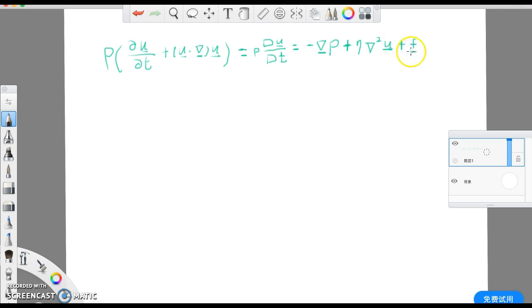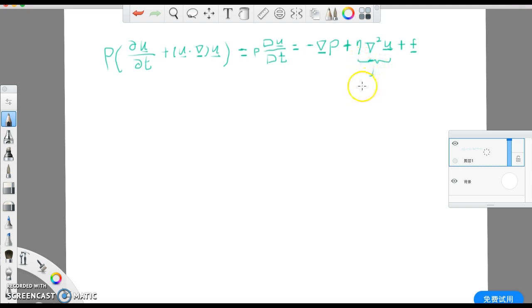So if divergence of u is not zero, for example in a compressible fluid, this term sorry, it should include the viscosity.